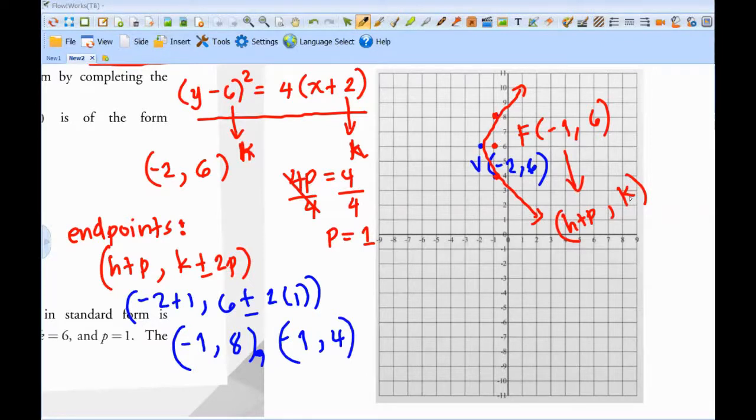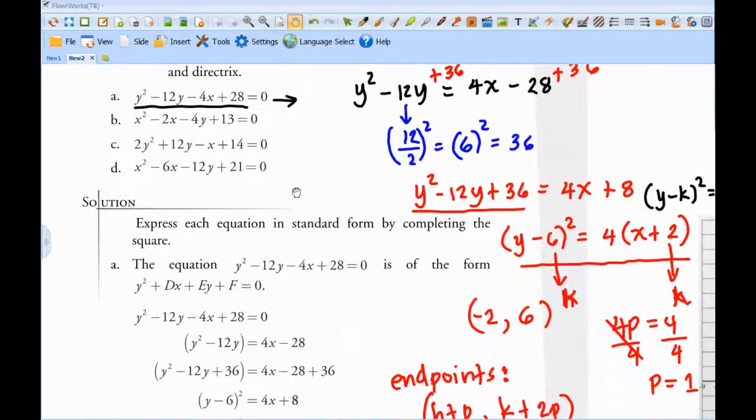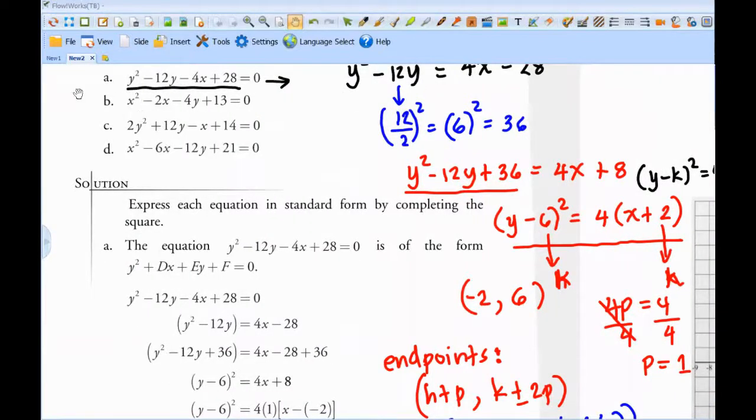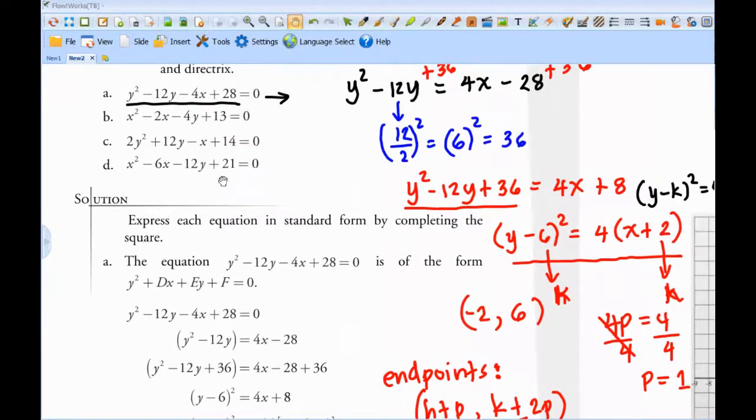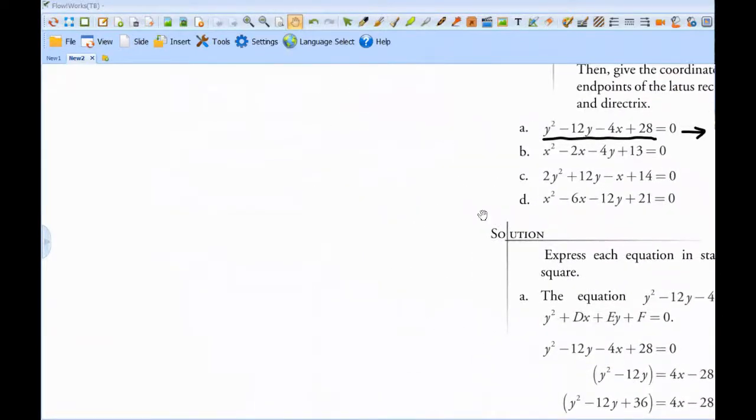Okay, let's try again, letter B or number 2. What's the given in number 2? It is x squared. So what do you expect of our parabola if it is x squared? It opens either upward or downward.